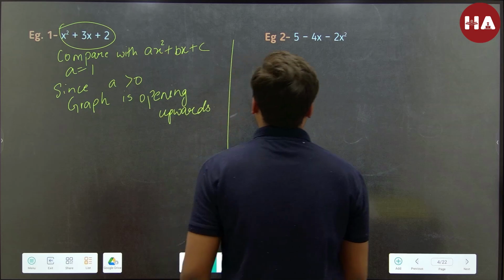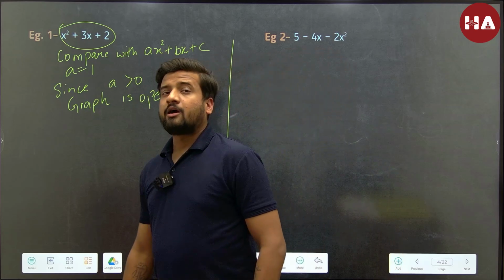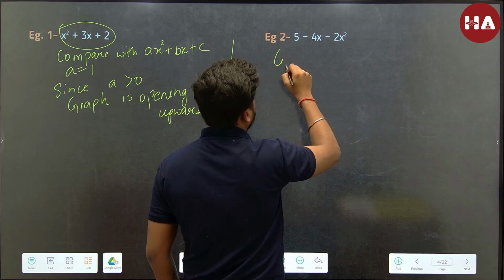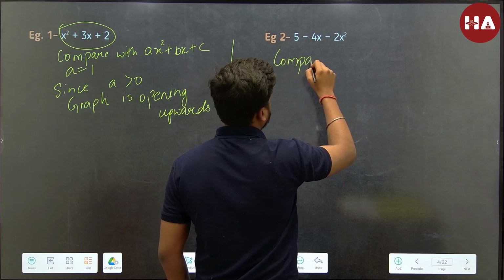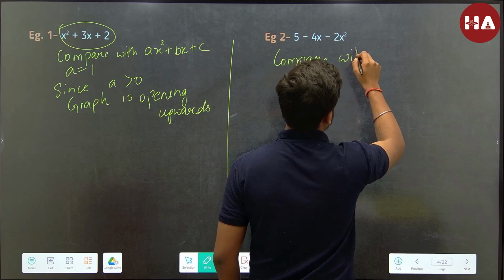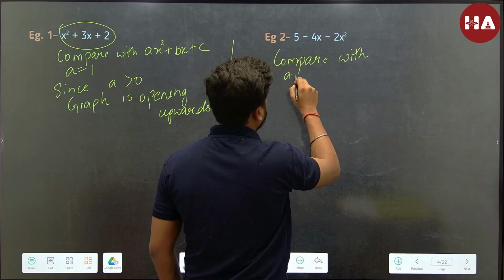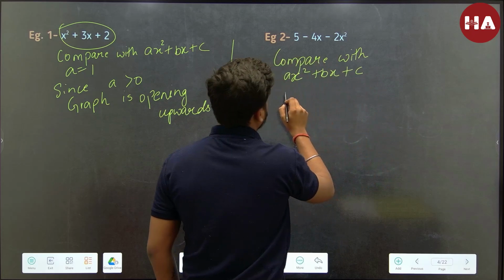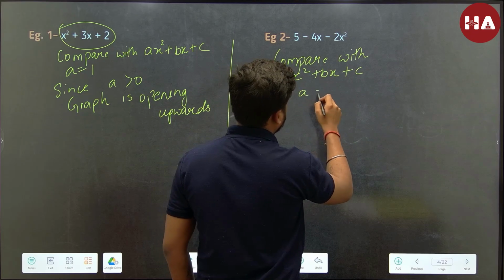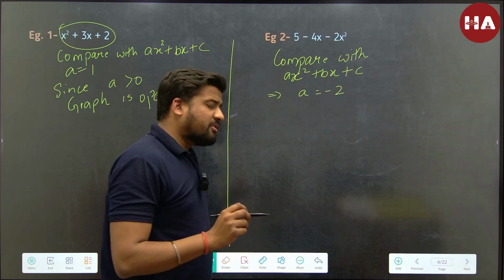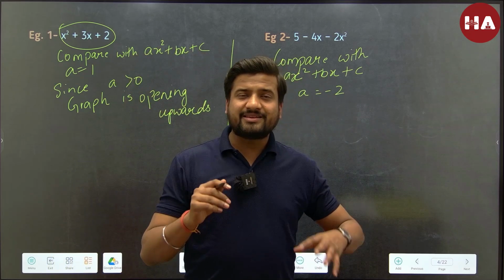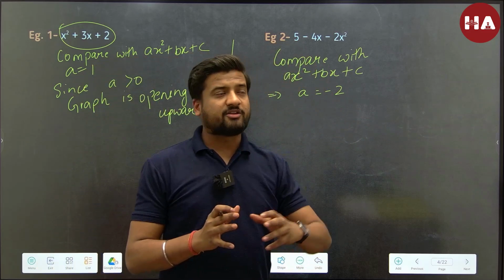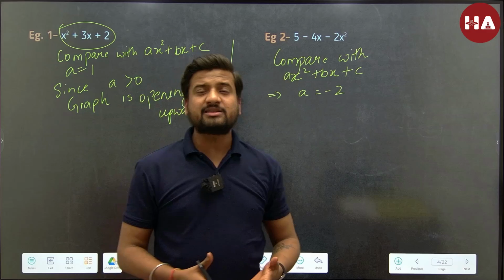Now for the next one, I will compare with ax square plus bx plus c. a is equal to -2. Always remember, never just say that the first term is your x square term, or the constant is your a.